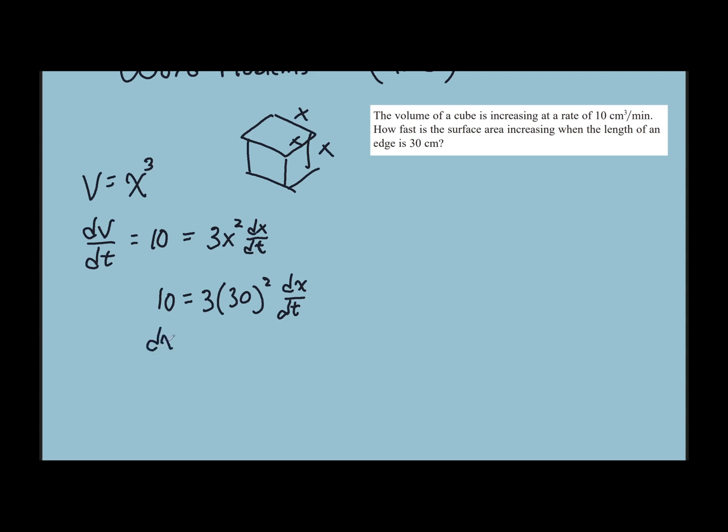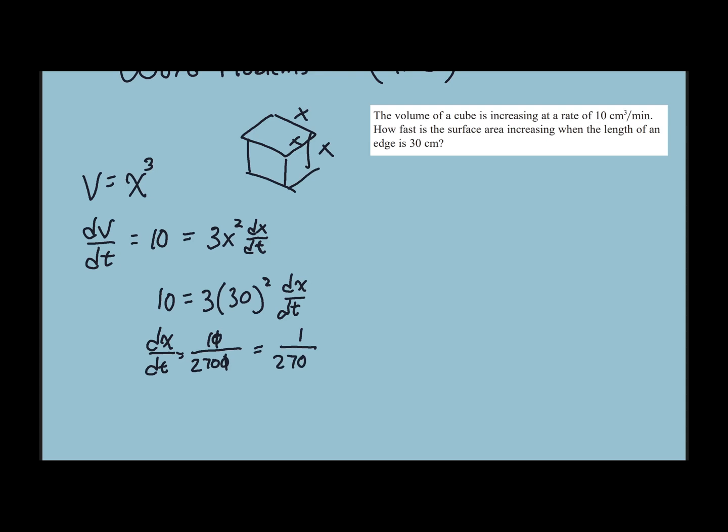So we'll get dx/dt equals 10 divided by 2700. And take a 0 off of that. It would be 1 over 270. We're getting warmer.